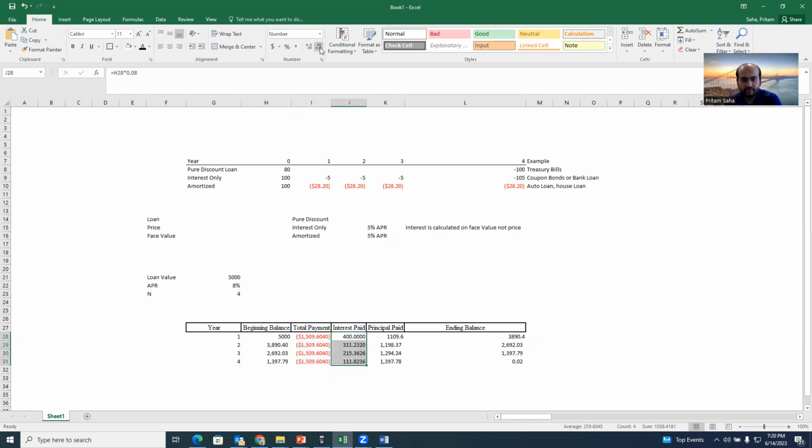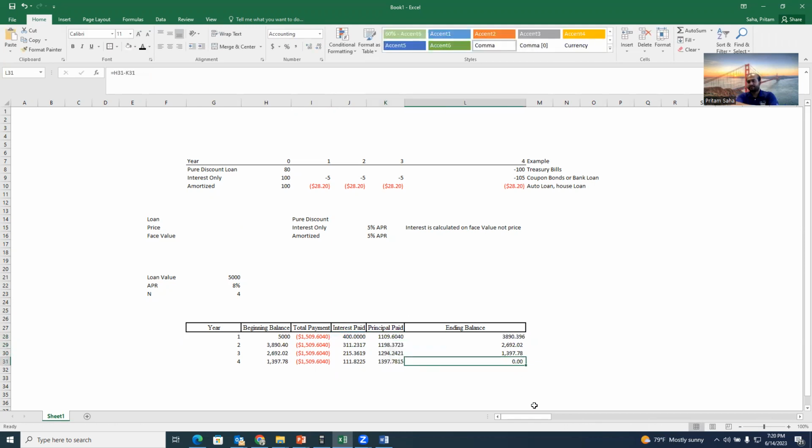So principal paid is basically 1509.6040 minus this one. Did you see that? 0. So at the end of year 4, you're completely paying off the loan.